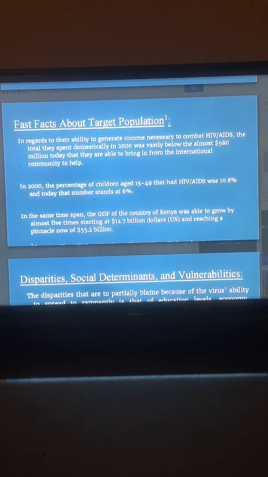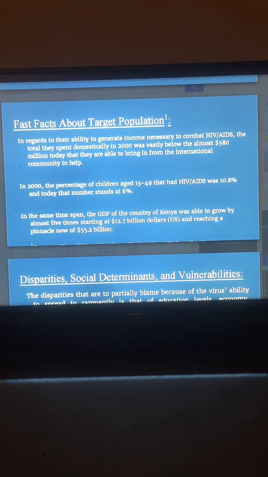In regards to their ability to generate income necessary to combat HIV/AIDS, the total that they spent domestically in 2000, the country of Kenya, was vastly below the almost $580 million today that they're able to bring in from the international community to help. In 2000, the percentage of children aged 15 to 49 that had HIV/AIDS was 10.8%, and today that number stands at 6%.